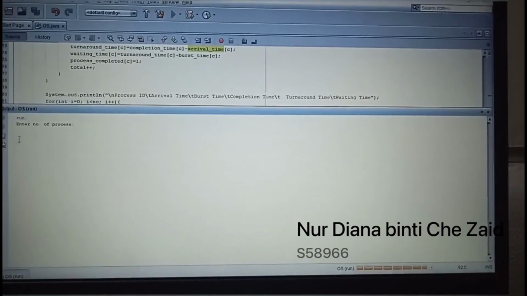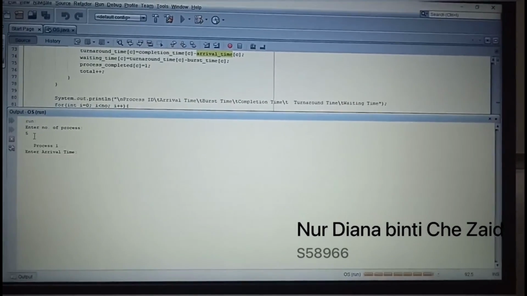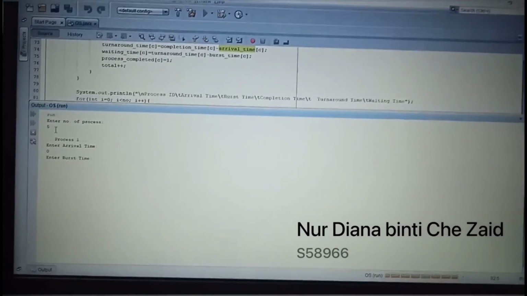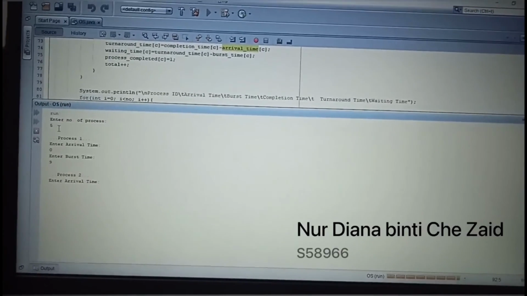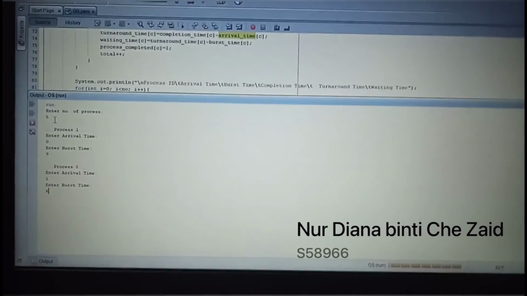Now I will run the program. The number of processes of mine is 5. First arrival time is 0 and burst time is 9. Second is 1, burst time is 4.